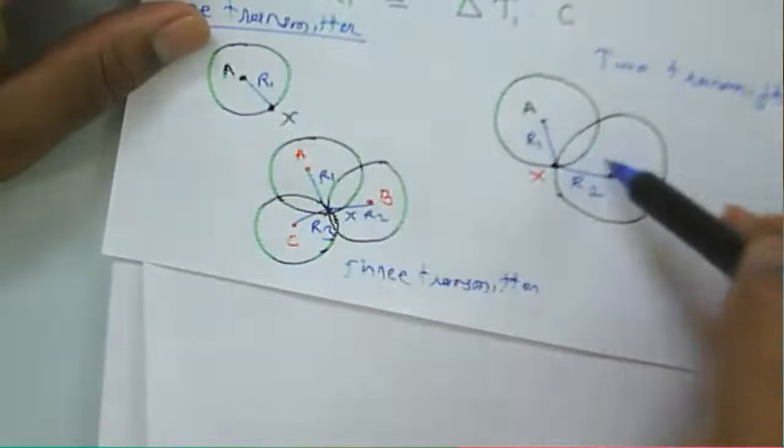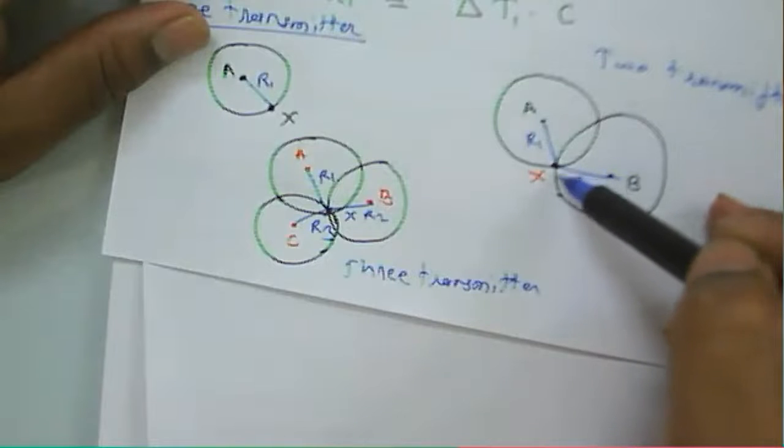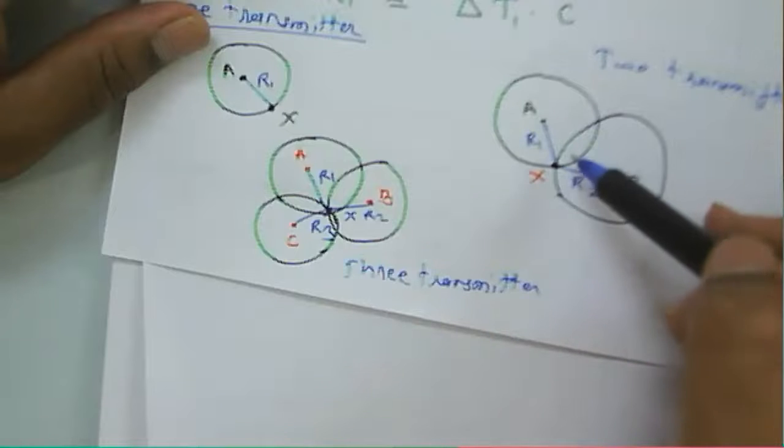Suppose we consider two transmitters, and we know the distance of the location from each transmitter.